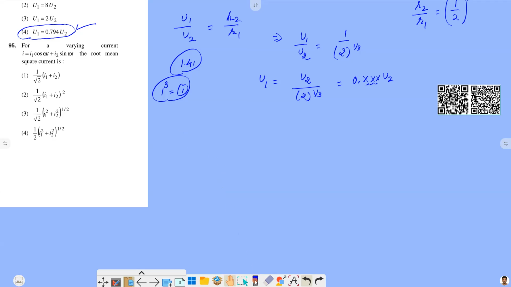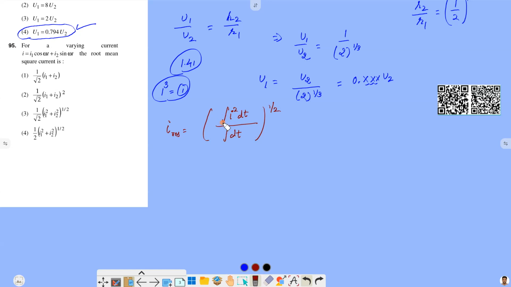Now regarding RMS value, we have a relation that suppose we have to calculate the RMS value of some current, then it is given by integral I square dt divided by integral dt, whole raised to power half. That is the basic method.